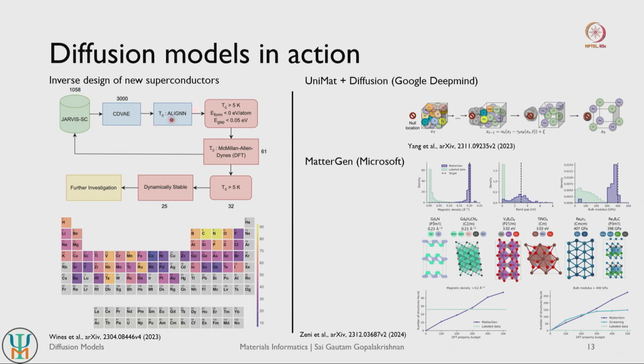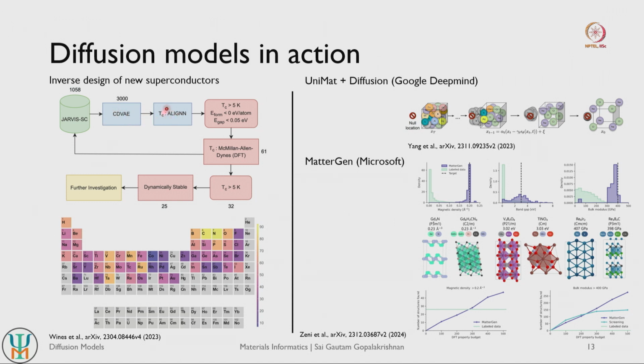So diffusion models have been quite popular in the recent literature. There have been quite a few diffusion models that have been developed by material scientists in the recent past. This is one example where the authors used diffusion models to design new high temperature superconductors. They used CDVAE, which is the diffusion model that we saw in the previous slide.